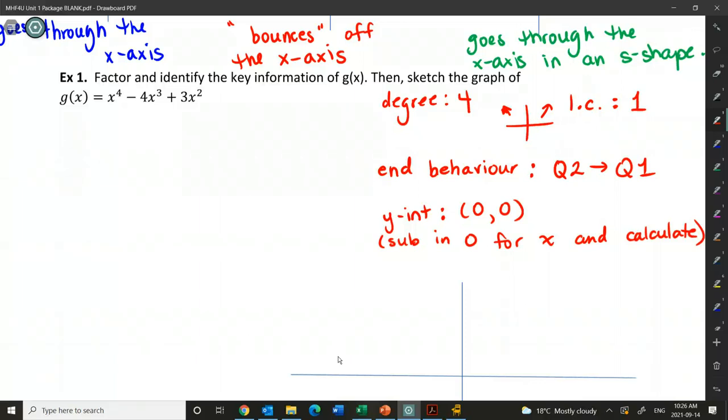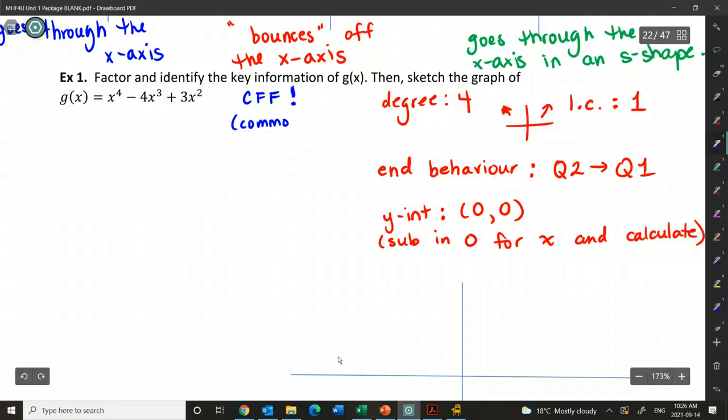Okay, let's get into some extensions here into our new lesson. So I need to factor this. The general rule of factoring is we always, what does this mean? CFF, who's had me before that remembers what I mean when I say this? Lexi? Common factor first, perfect.